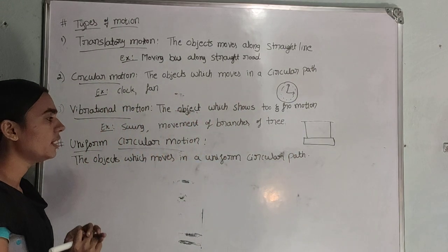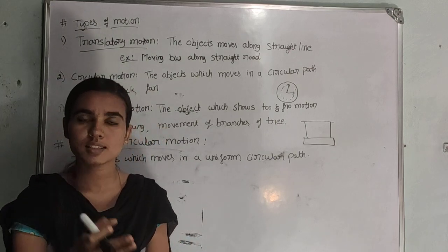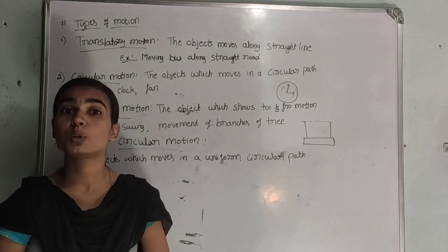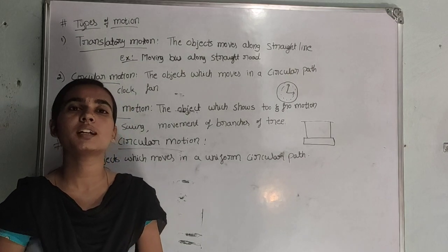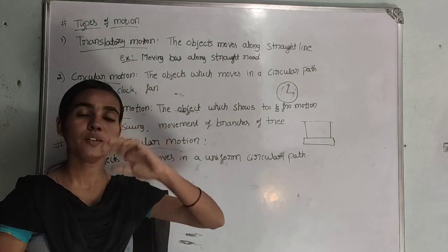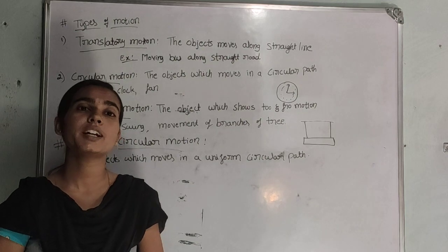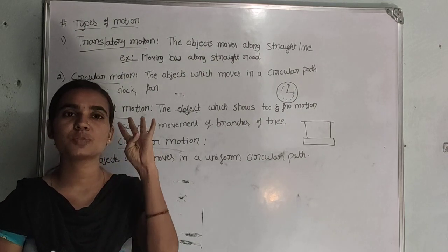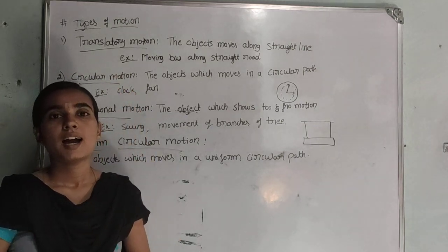Whenever the object is moving, its velocity changes, and when the velocity changes, its acceleration also changes, as we already know from the first class. When there is a change in velocity, we can observe acceleration.